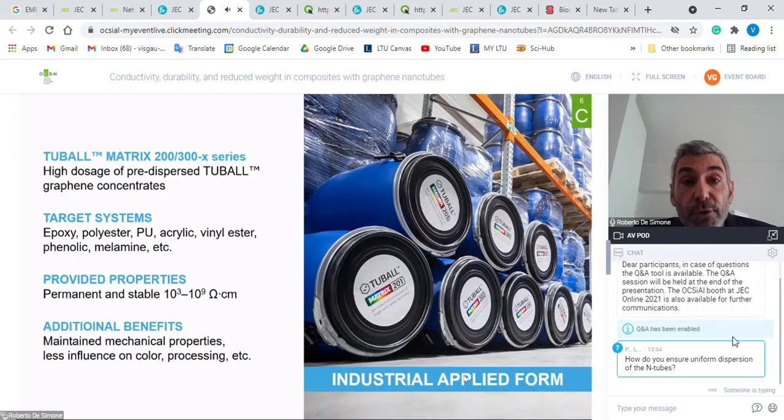We are able, using Tubal, to achieve a permanent and stable electrical conductivity, in this case, electrical volume conductivity in the range of 10 power 3 to 10 power 9 ohm per centimeter. Even, as I highlighted before, keeping, when it is possible, to enhance mechanical properties, but preserve the color, so it's possible to achieve some different colors because of the extremely low loading level of Tubal inside.